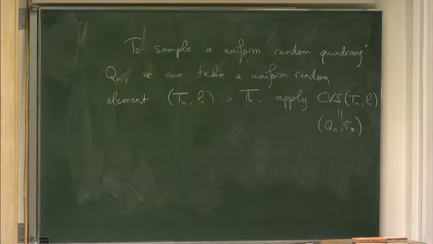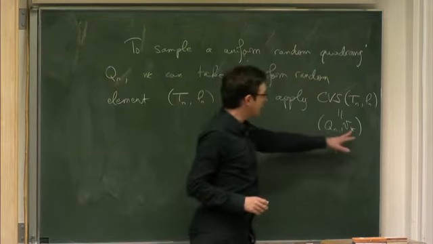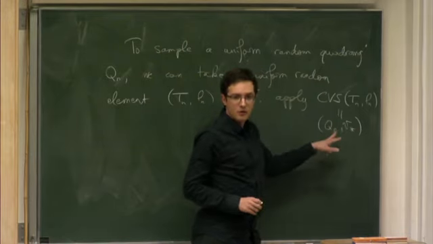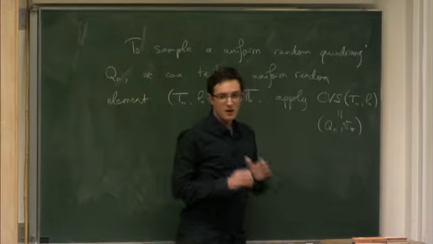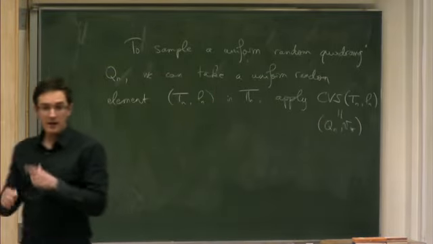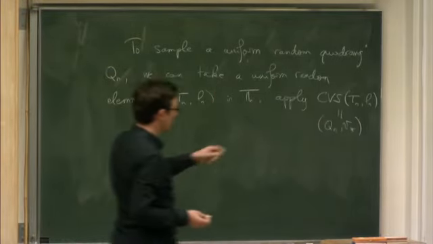But the marginal law, if I forget the vertex V star, Qn will be uniform, because for every Qn, there are the same number of choices for V star.